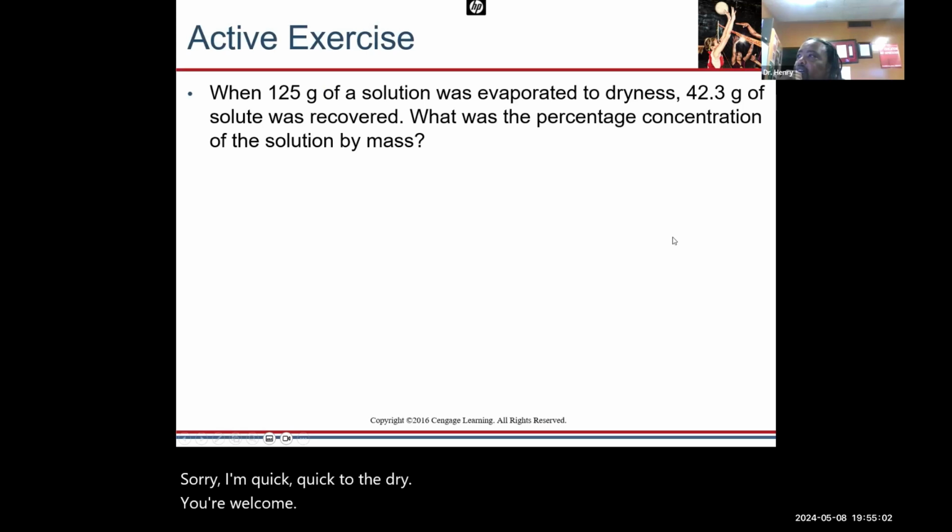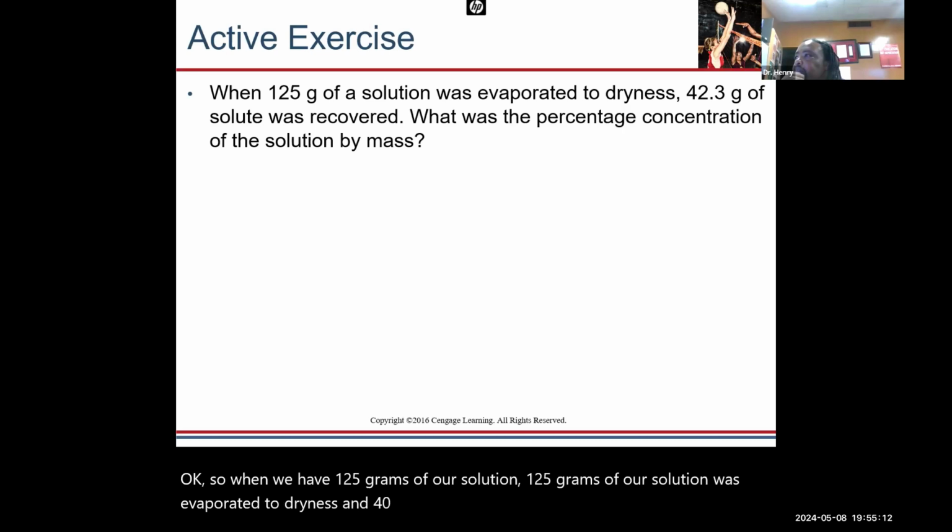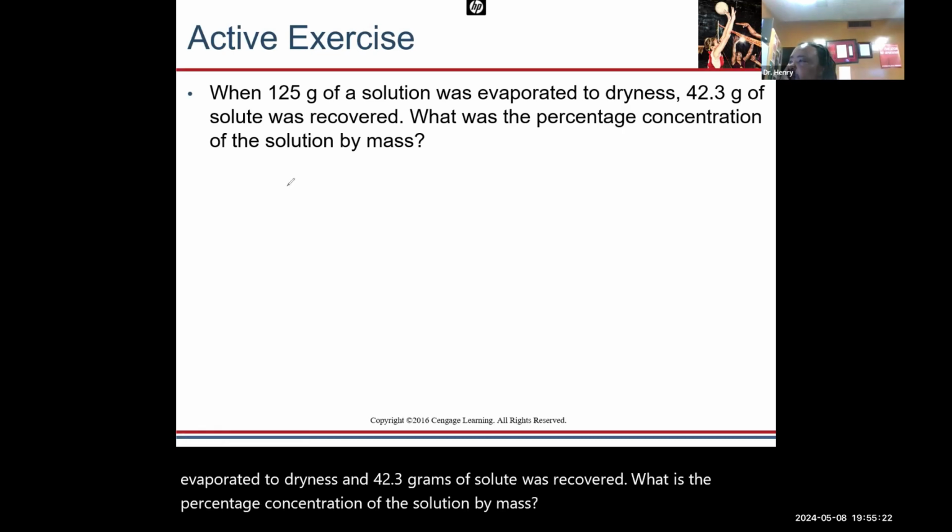Okay, so when we have 125 grams of our solution, 125 grams of our solution was evaporated to dryness, and 42.3 grams of solute was recovered. What is the percentage concentration of the solution by mass? Okay, so what are we going to do?